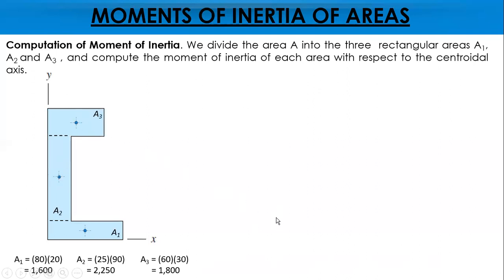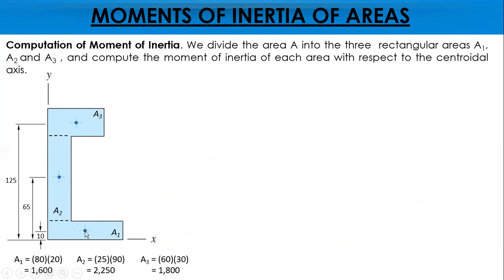So let us start with Ix, the centroidal moment of inertia with respect to the x-axis. For x, we need y distances. So y1 is 10, y2 is 65, the same values as in the previous slide, and y sub 3 is 125.